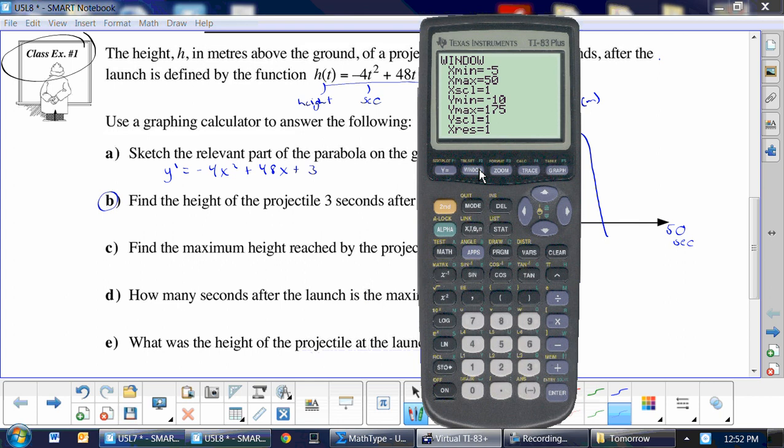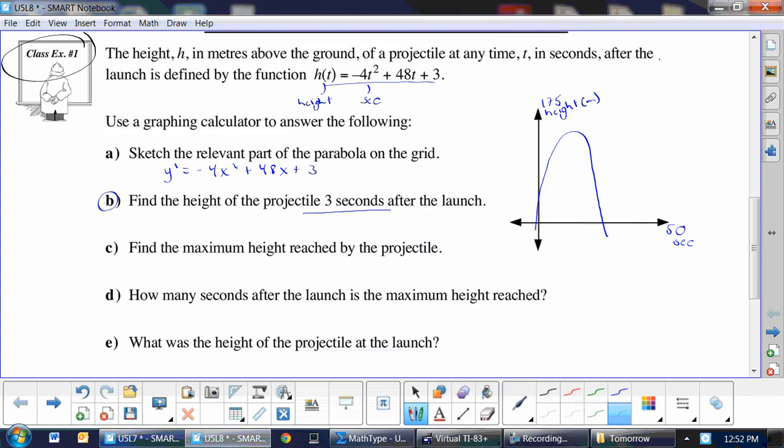Perfect. So they say find the height of the projectile 3 seconds after the launch. Can someone tell me with their hand up whether we're talking about x's or y's? Kevin? Yeah. So we know that our 3 seconds is our x's.